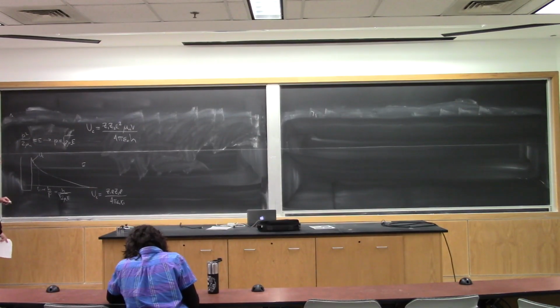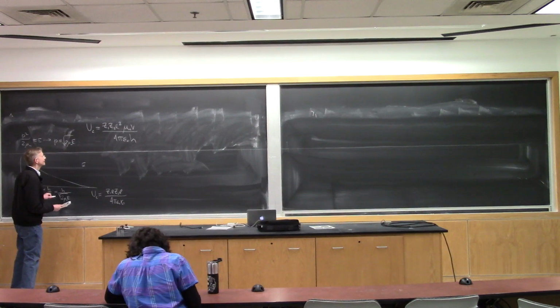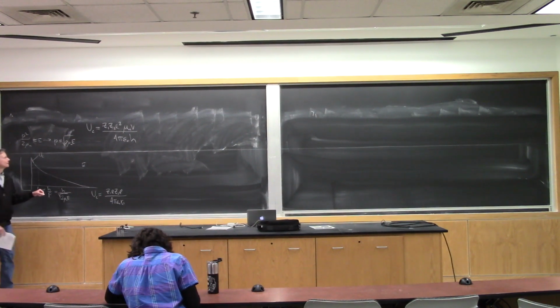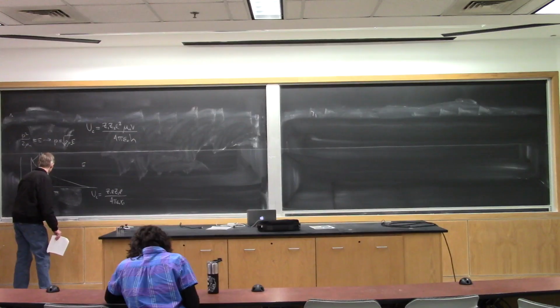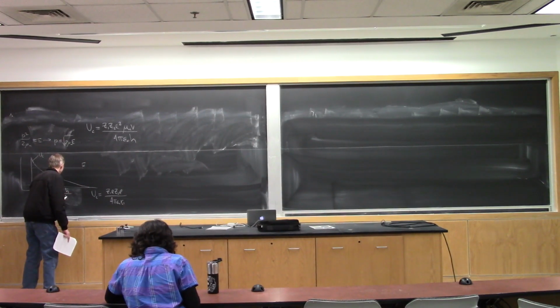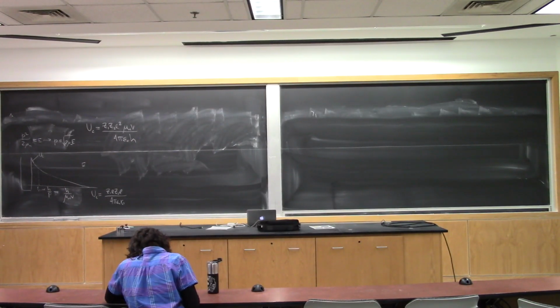Then we would put in what r classical is. It is also h over mu v, because p is mu sub m times v.